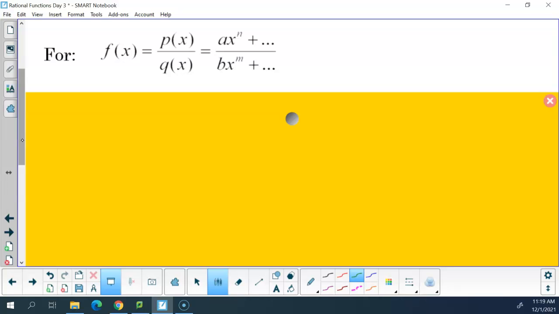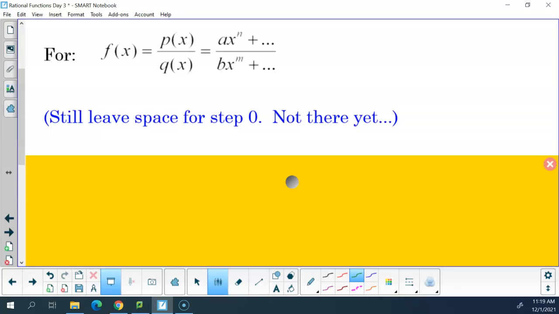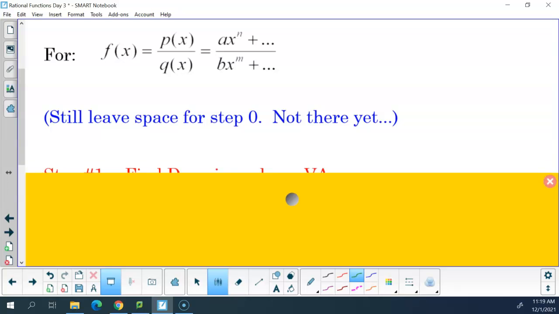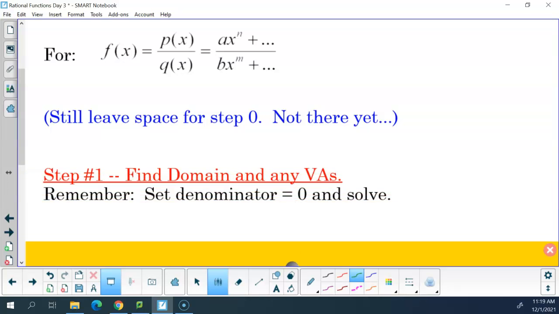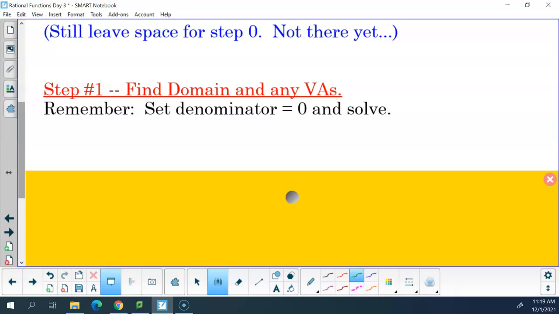Monday, we talked about we're going to skip some space for step 0. We're still going to skip that space for step 0, because we're still not there yet. Then on Monday, we said step number 1 is find the domain and any vertical asymptotes. One thing that I'm going to add to step number 1 is to remember the form of giving the domain.